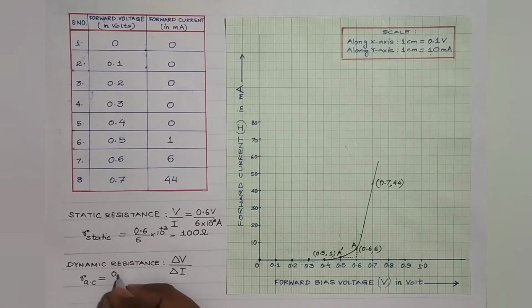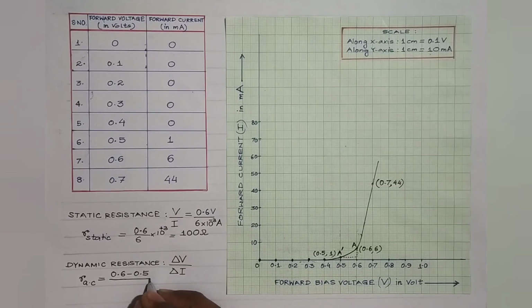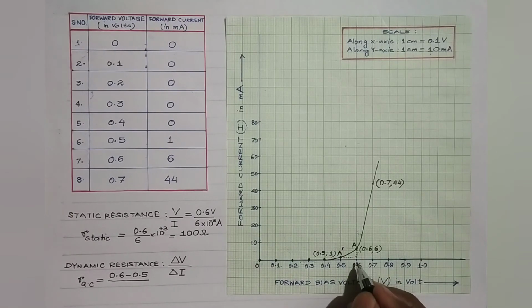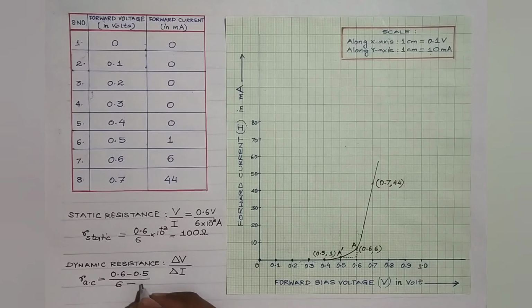So we'll get 0.6 minus 0.5, divided by the change in the current. Here corresponding to point A, the current is 6 milliampere and here the current is 1 milliampere. So it will be 6 minus 1 milliampere.